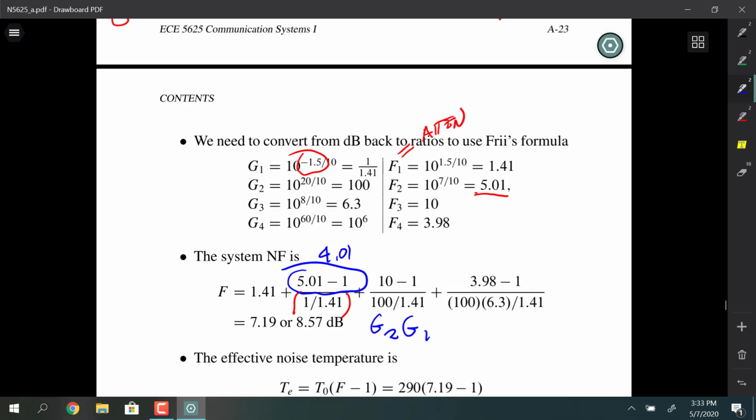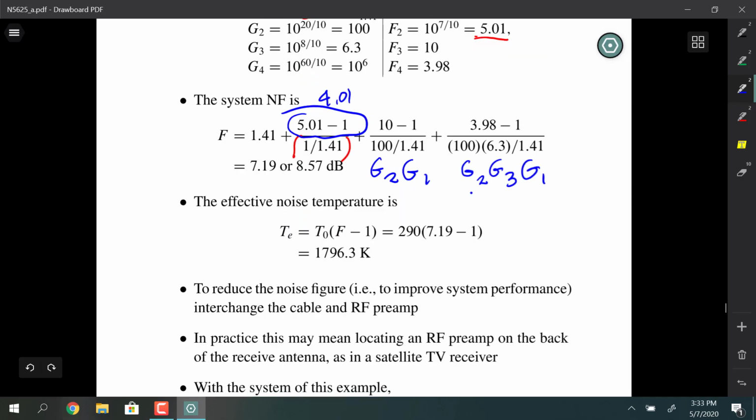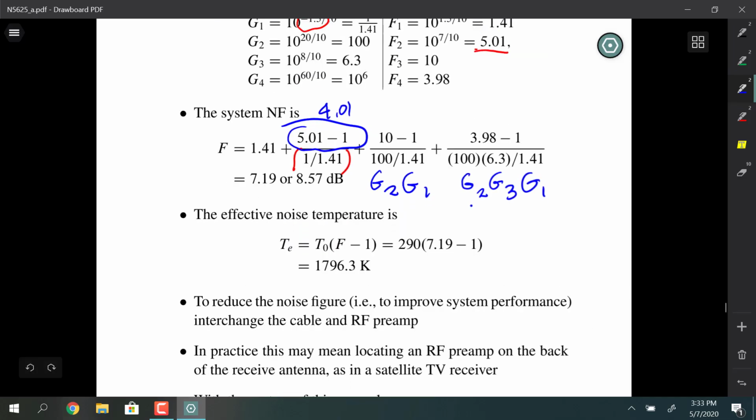We have 3.98 as the noise figure, and then we're going to have the product of all 3 gains. So this will be G2, G3, and then G1. It just happens to be the way I wrote the math out. And then we get the contributions from everything, and it works out to be 7.19. And then we convert that to dB as 10 log 10.